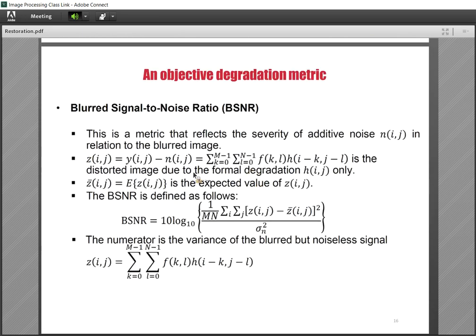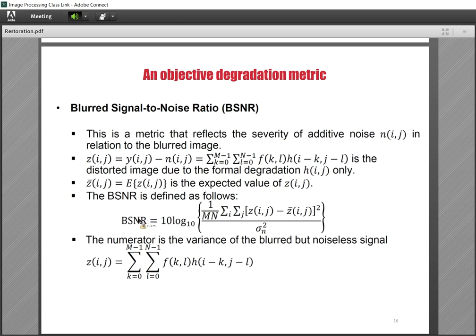No, these two slides were from the last session. We had BSNR, or blurred signal to noise ratio. We are investigating the effect of noise, a system with noise or without noise.